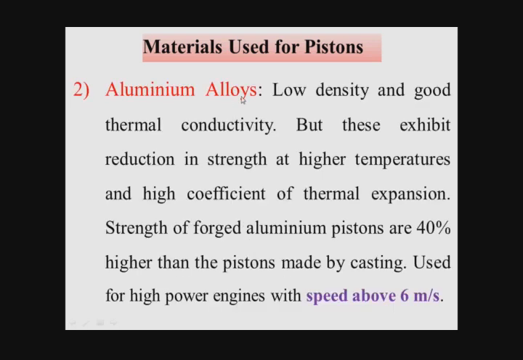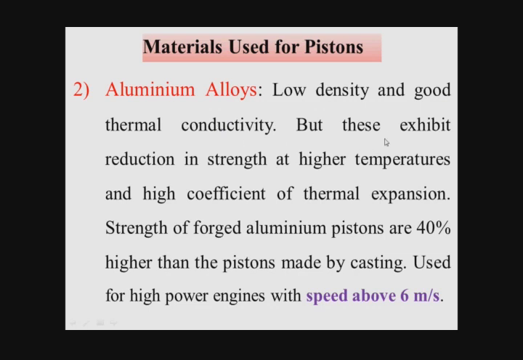Next is aluminum alloys. Aluminum alloys have low density, so they are good for pistons, with good thermal conductivity. Good thermal conductivity increases the transfer of heat from the gases to the cylinder wall.